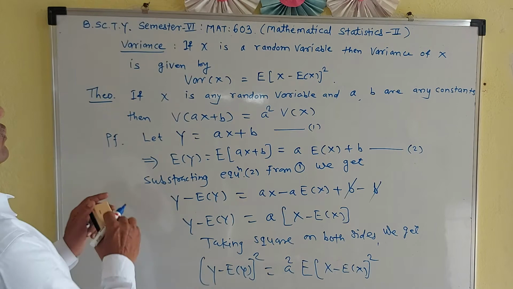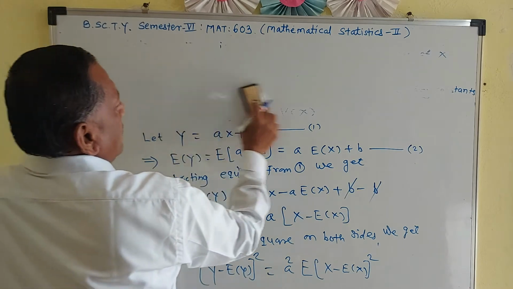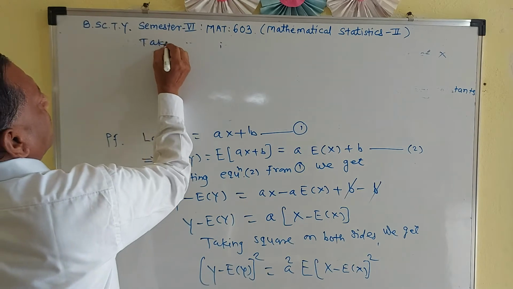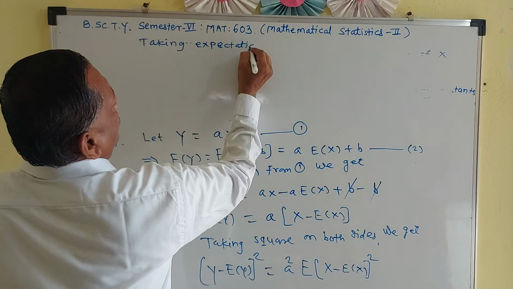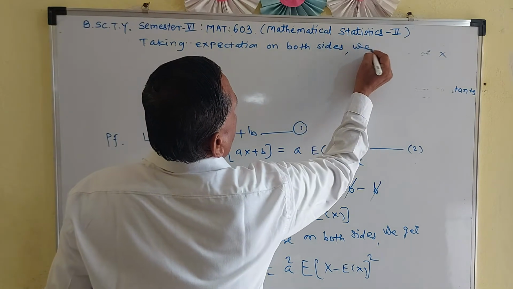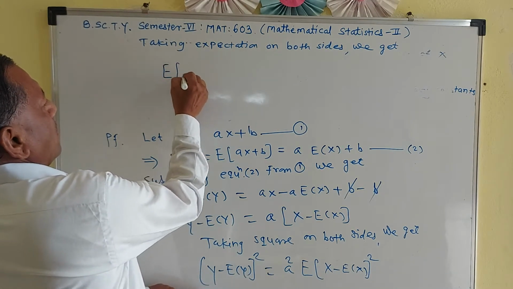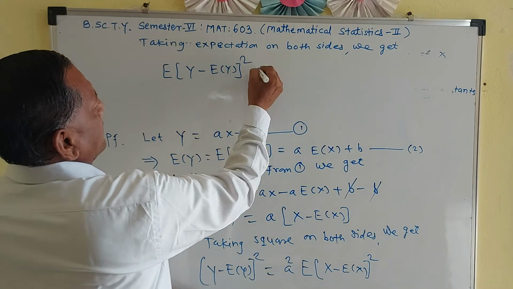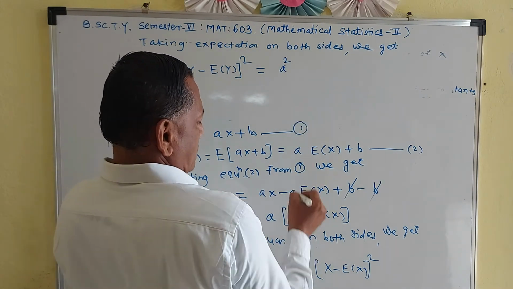Then you take the expectation on both sides, we get expectation of (y minus E of y) square is equal to a square, a is constant, you know the properties of expectation.